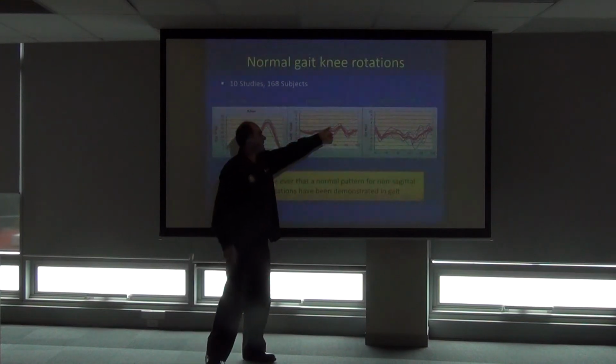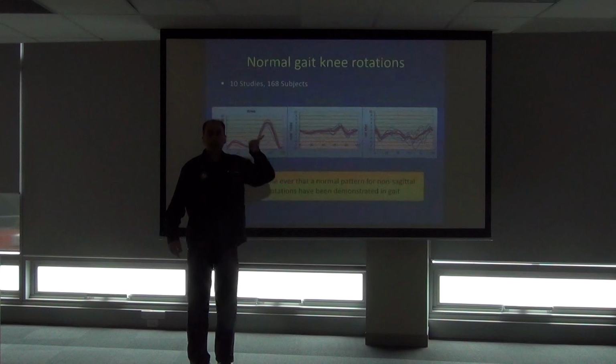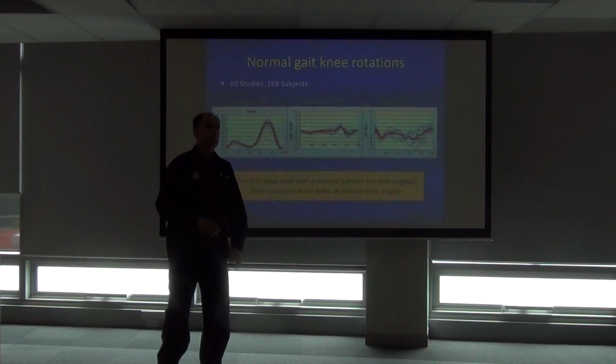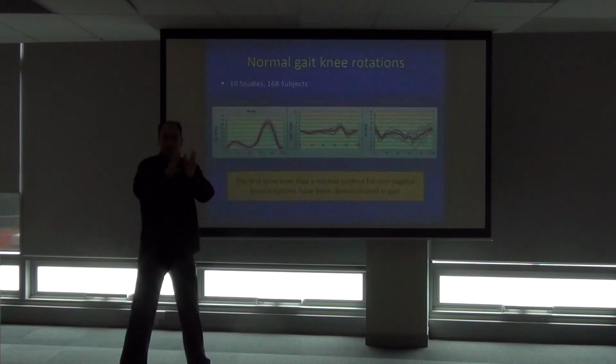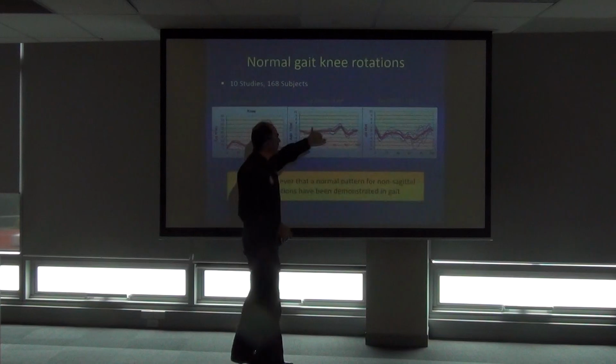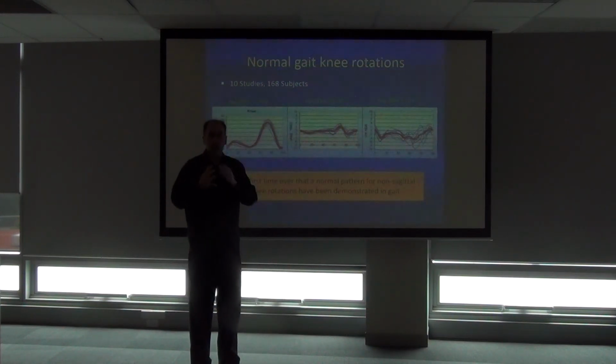These again are normative data that I've corrected. Ideally, if you're doing post hoc correction, you wouldn't use normative data. You would use individual trial data and do corrections on that and then calculate the norm. But I do 10 average patterns of normal, or 10 studies.